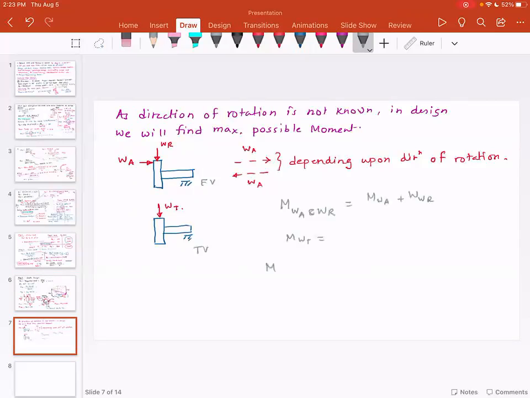Then in the top view, I have MWT. So when I find the moment resultant, I would take the square root of, and this is super important, (MWA plus MWR) squared plus MWT squared.